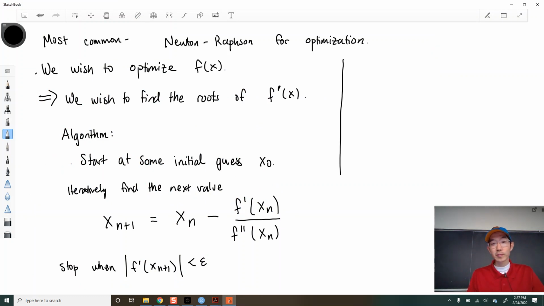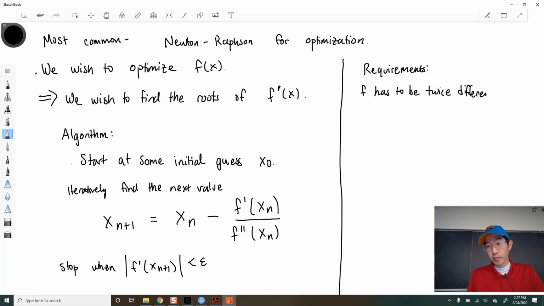So, requirements: twice differentiable, and f double prime of xn cannot equal 0 for the xn's that we check.